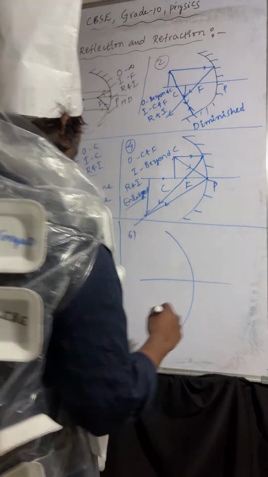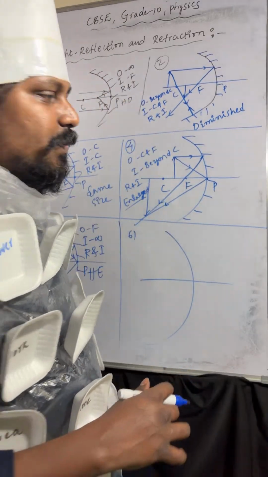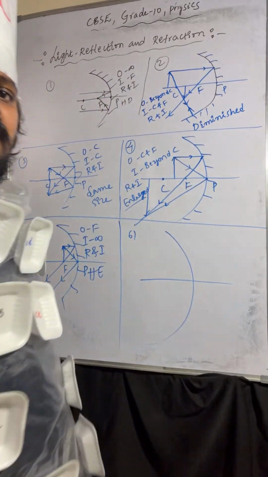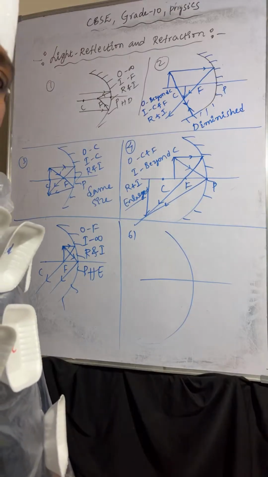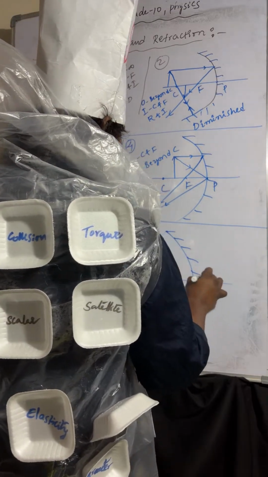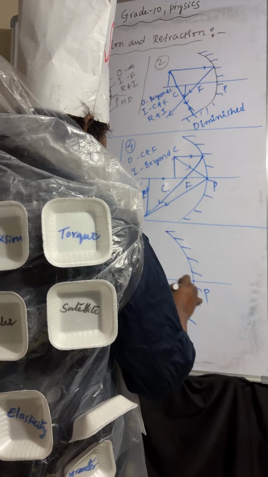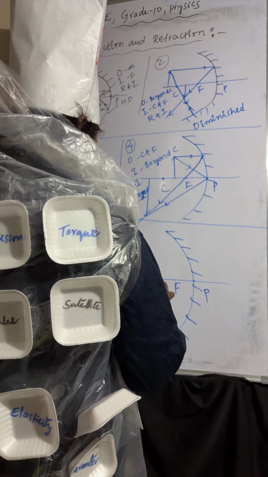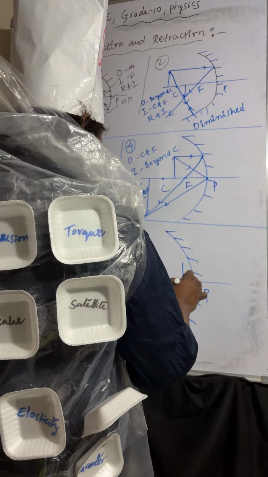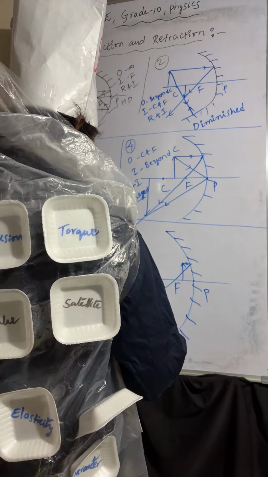So I am taking the concave mirror. This is the concave mirror. Pole, focus, center of curvature. Object is placed between F and P. One light ray I am taking like this. It passes through focus.